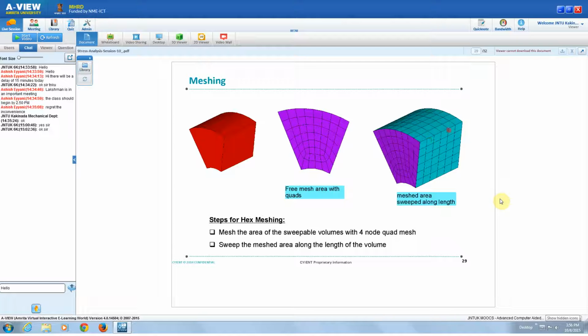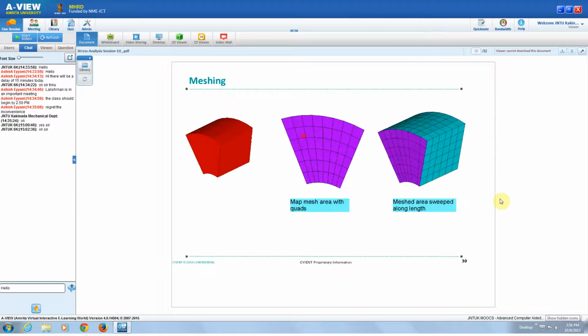You can check each layer. Any layer will have the same type of elements at the cross section. Basically, these elements are swept along this length. So this is how we do sweep meshing.